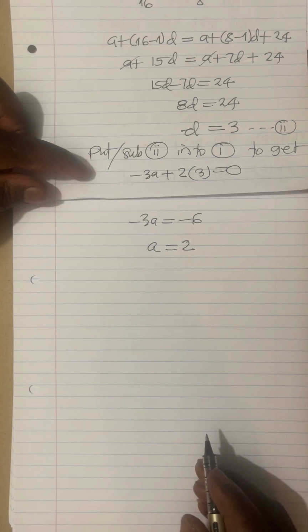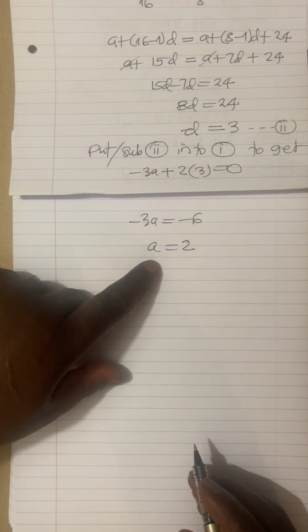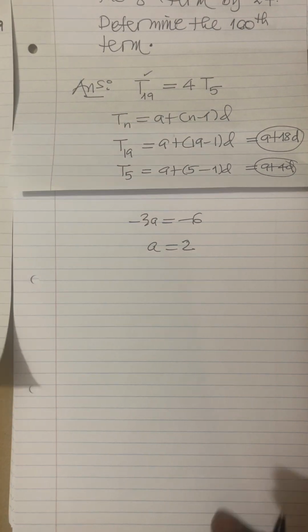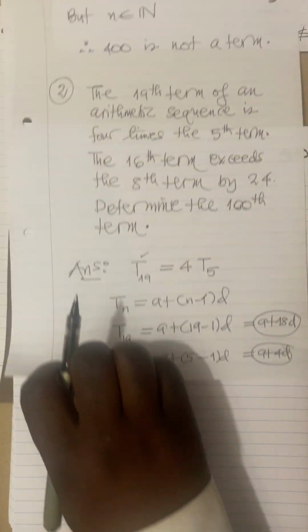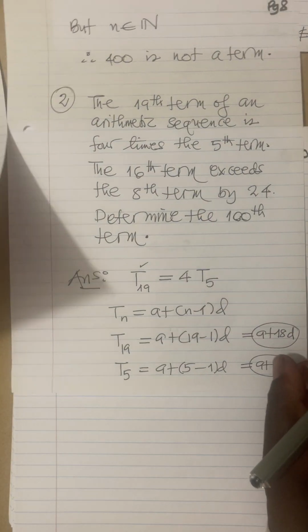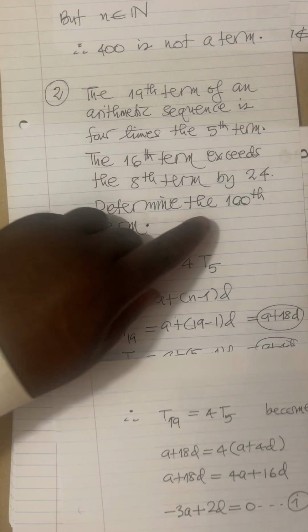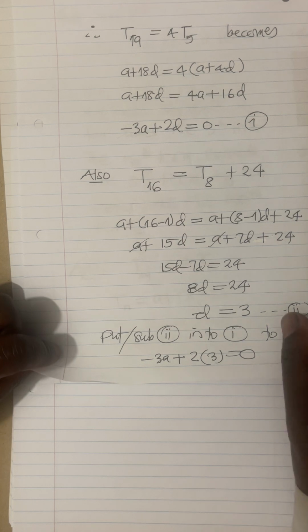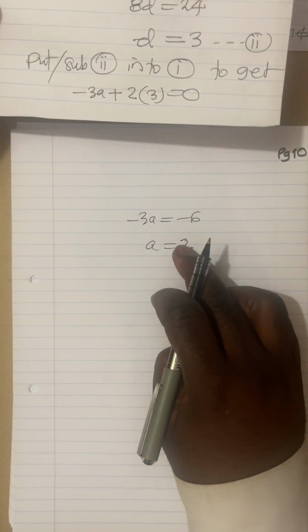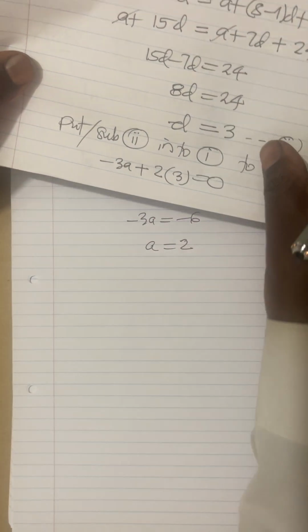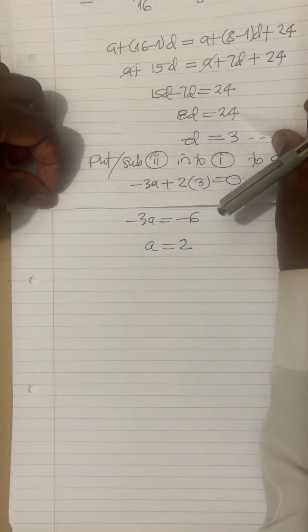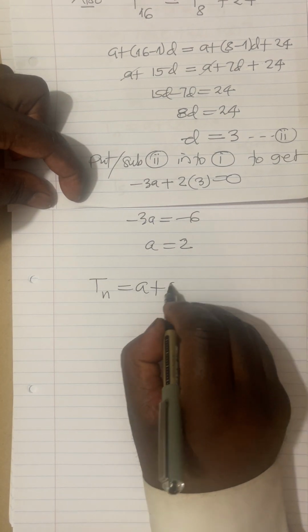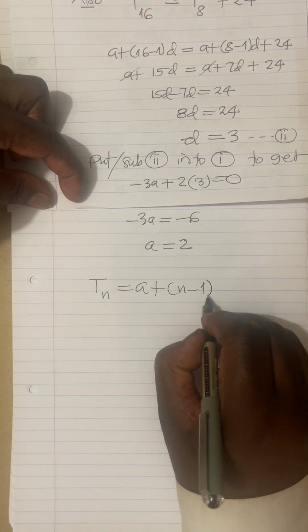But the question is not saying we must find the first term and the common difference. The question is saying determine the 100th term. Here it is. Determine term number 100. So now we have been given n. We know our first term, we calculated it. A is 2 and our common difference is 3. So we can basically say t subscript n is a plus n minus 1 d.